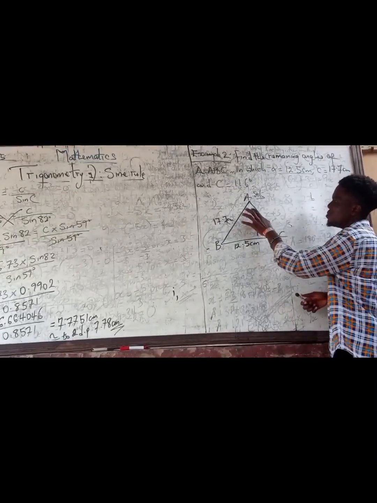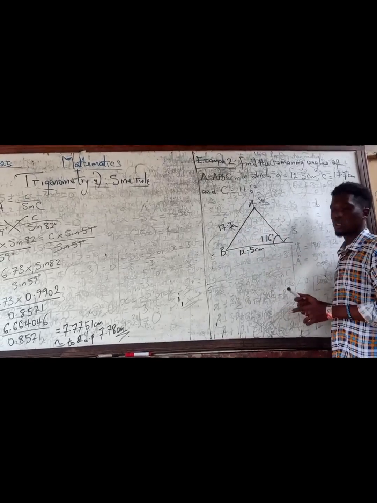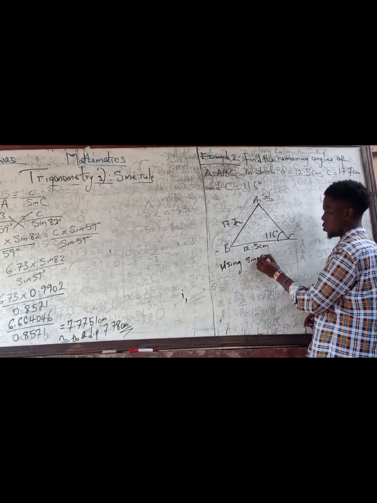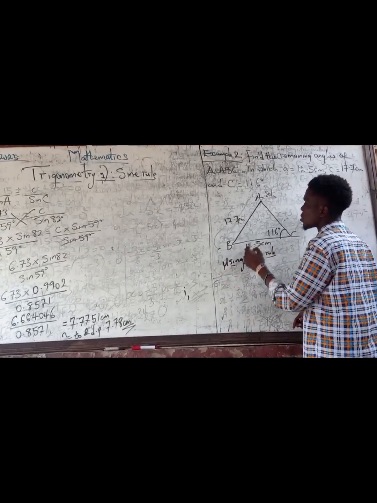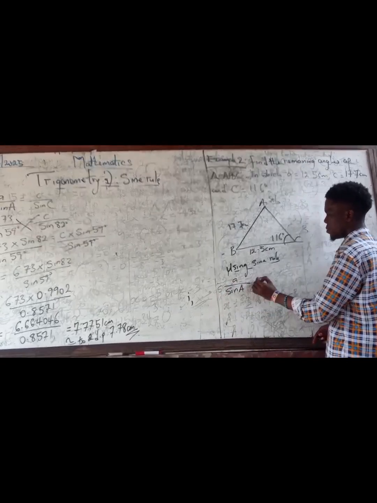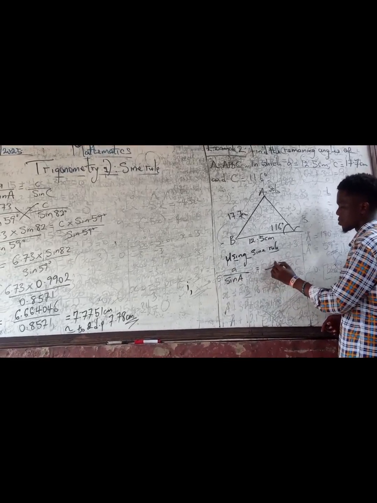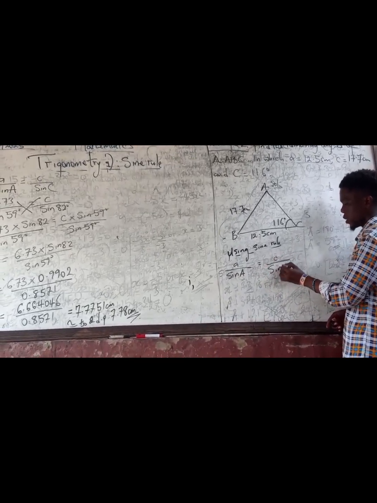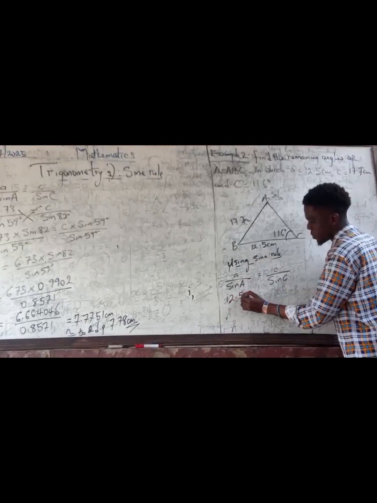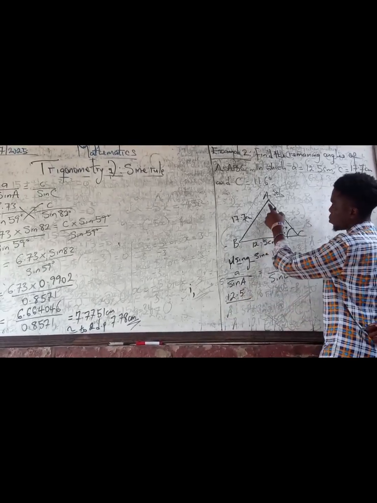So I'm going to start with angle A, sorry, I'll start with angle A. Using sine rule, we have that a over sine A is equal to c over sine C. So quickly, length a we have 12.5 over sine A. We don't know that, right?